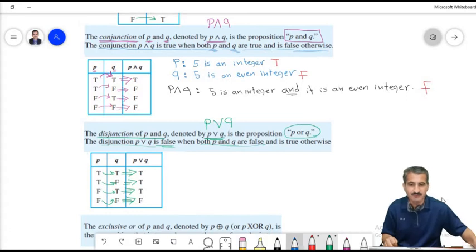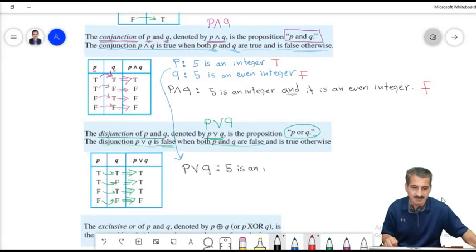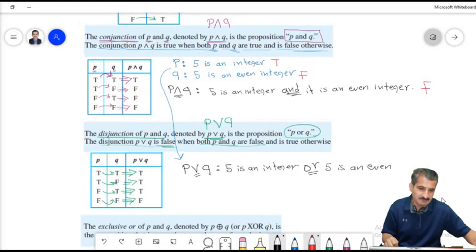So if we use the example above and we write P or Q, that statement will be "5 is an integer or 5 is an even integer". Notice I use "or" here, while I have "and" for the conjunction.